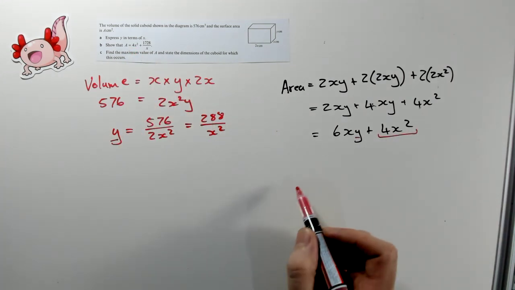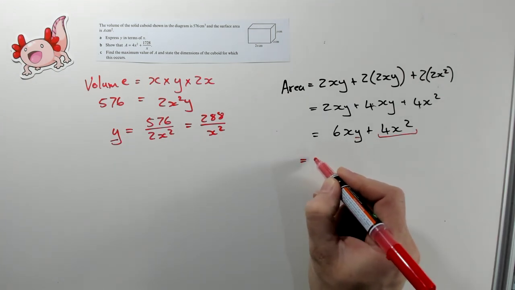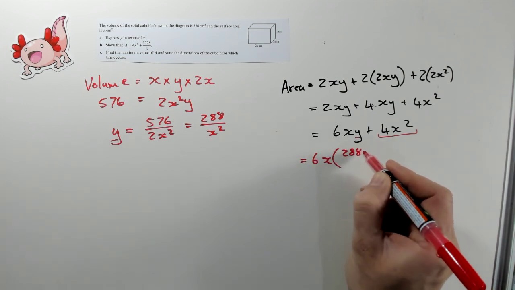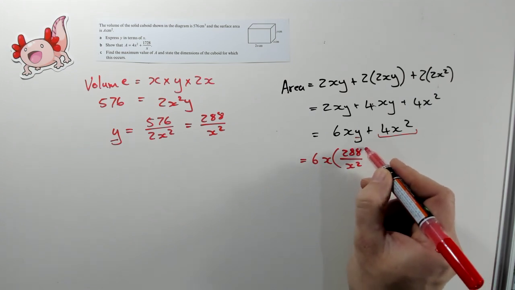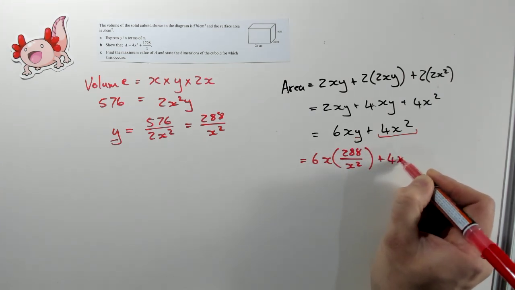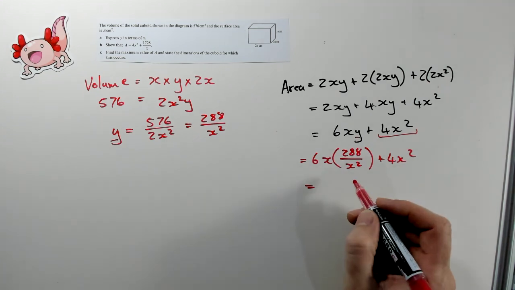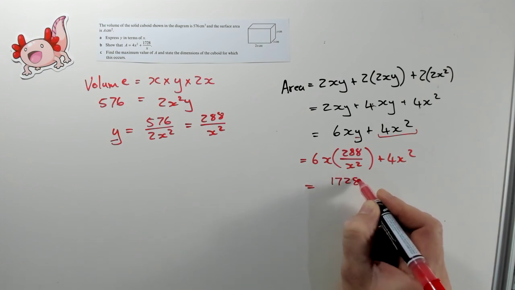So let me write here 6x, and the y is going to be 288 over x squared, plus 4x squared. 6 times 288. I'm pretty good with my 6 times table, but 288 is a bit of a stretch. And luckily for us, it makes 1728, which is the same number I have there, 1728.